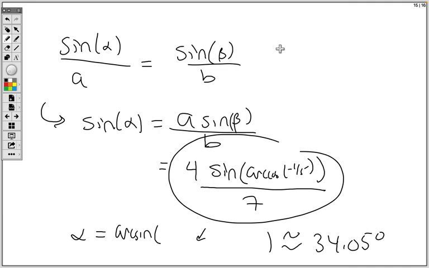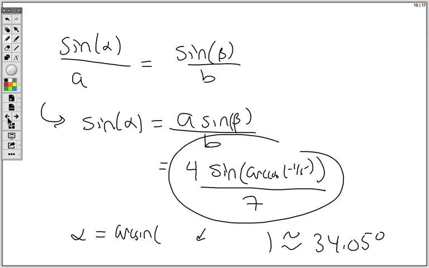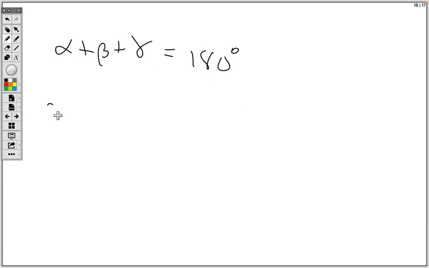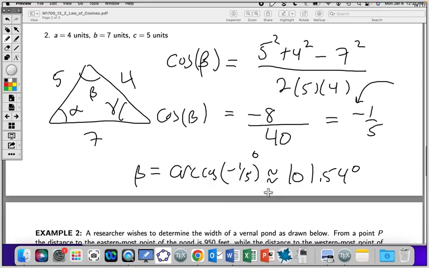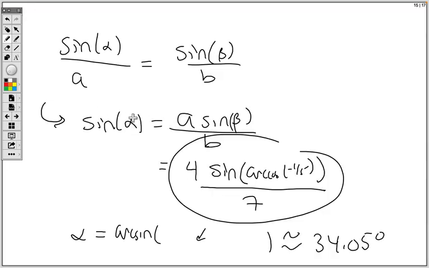All right. And now that I have 2 angles, I can get the third, because alpha plus beta plus gamma has got to add up to 180 degrees. So alpha is 34.05 degrees. Beta is roughly 101.54 degrees.